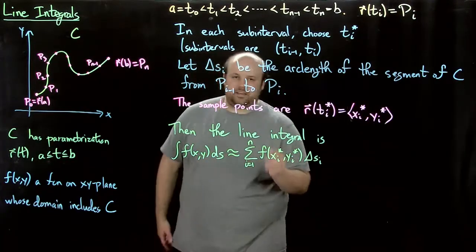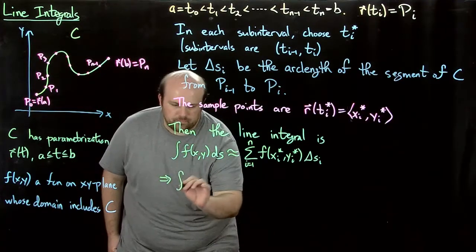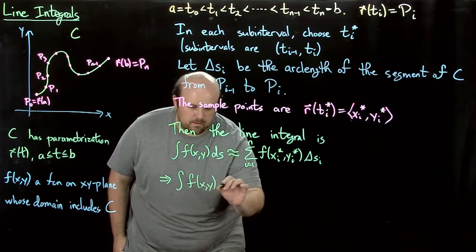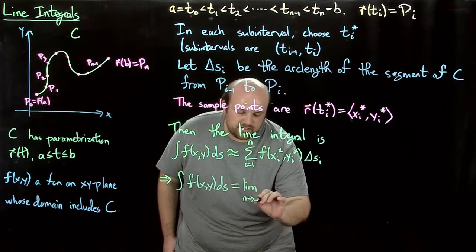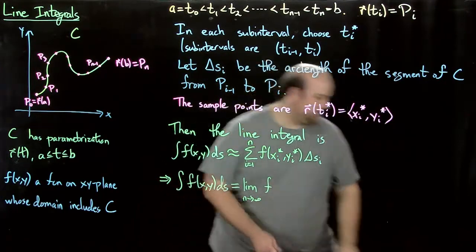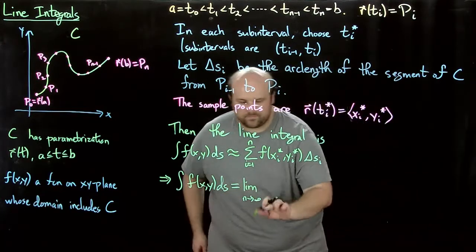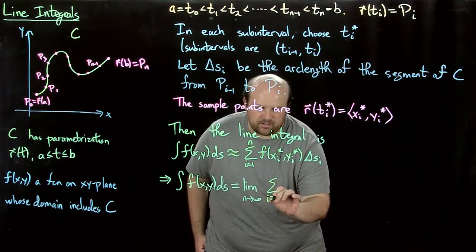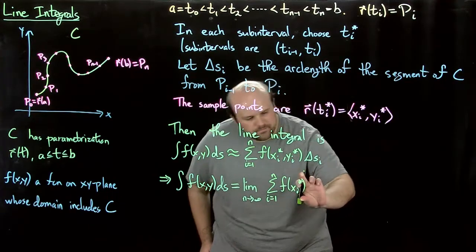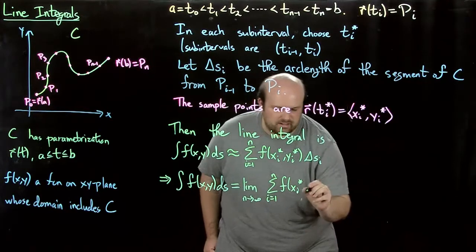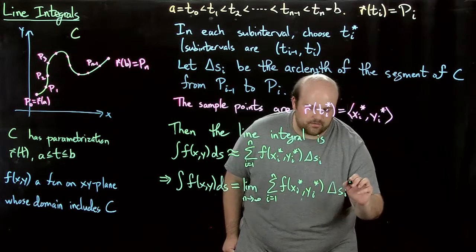So of course, then the actual integral is just the limit as n goes to infinity of the sum from i equals 1 to n of f of xi star, yi star, delta si.